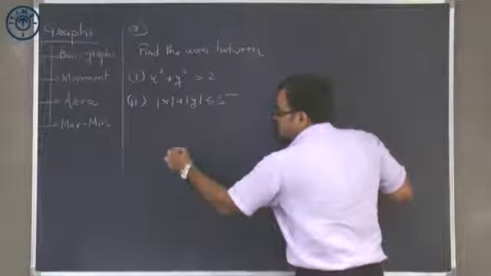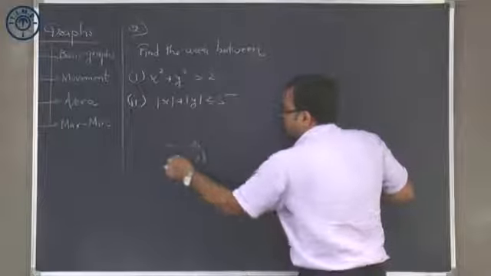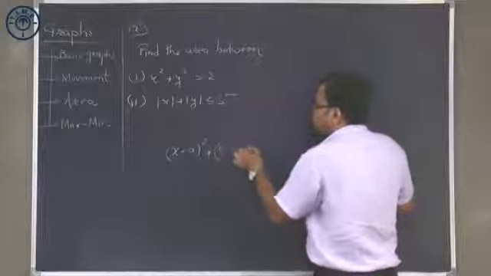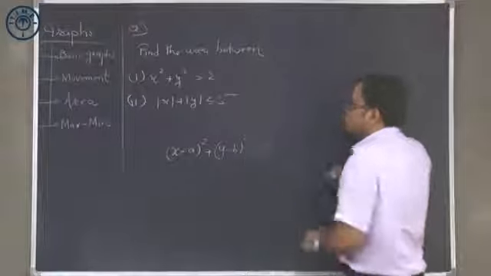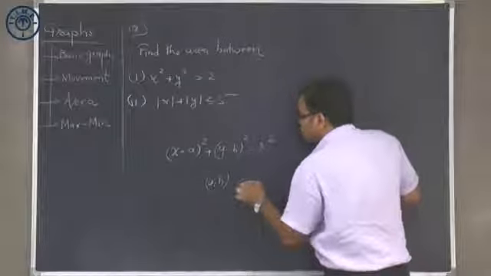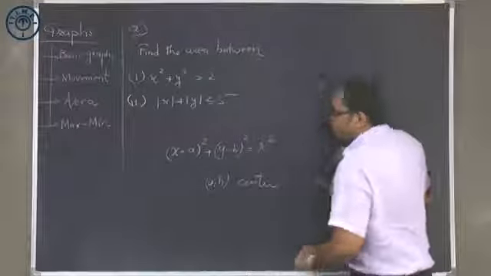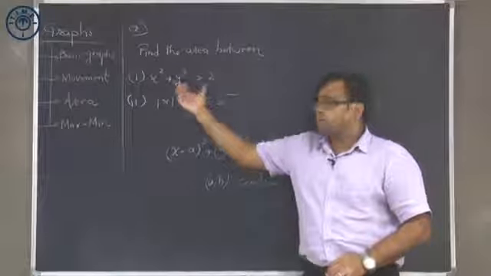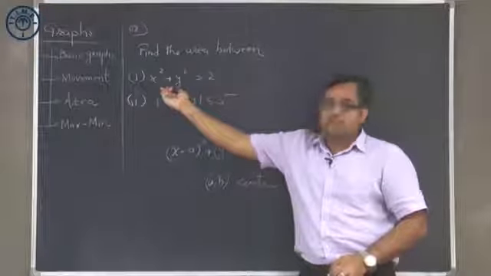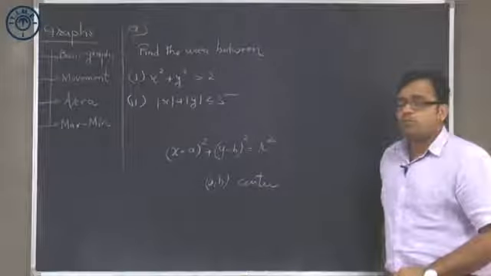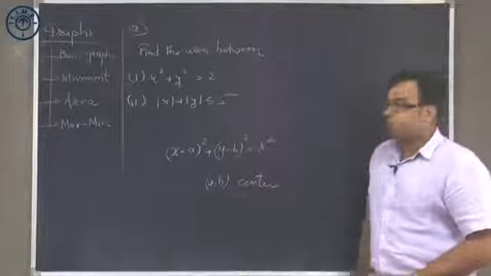The general form of a circle is x minus a whole square plus y minus b whole square is equal to r square, where a comma b is the center of the circle. When we say x square plus y square, this means that the center is at the origin. So this is the general form of a circle with center at the origin.